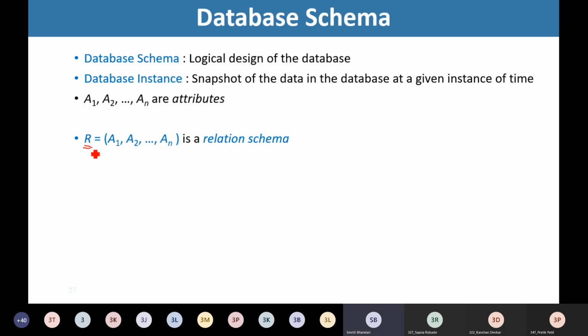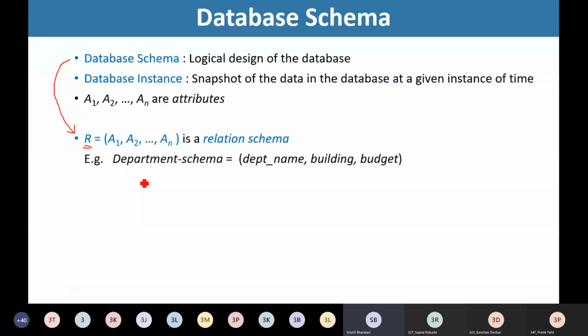Please remember, whenever we are defining a relation schema, it is defined as a set of attributes A1, A2 up to AN. In a database, I have several such relations, having relation schemas defined.